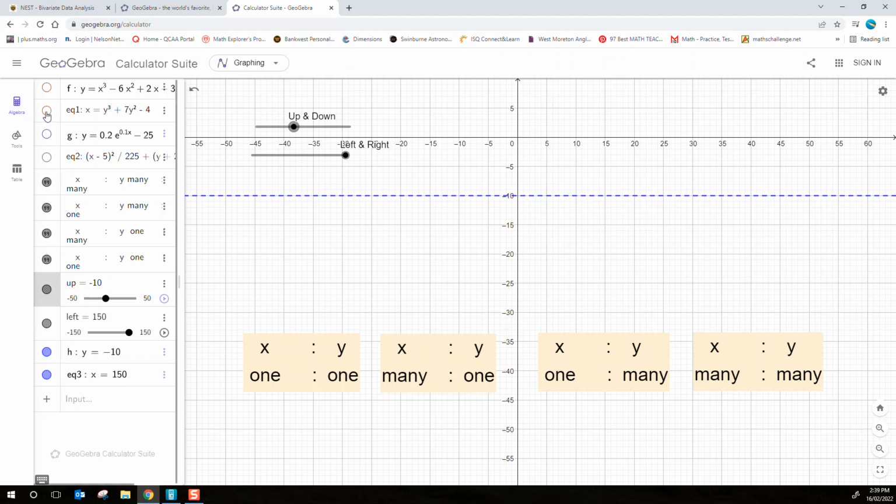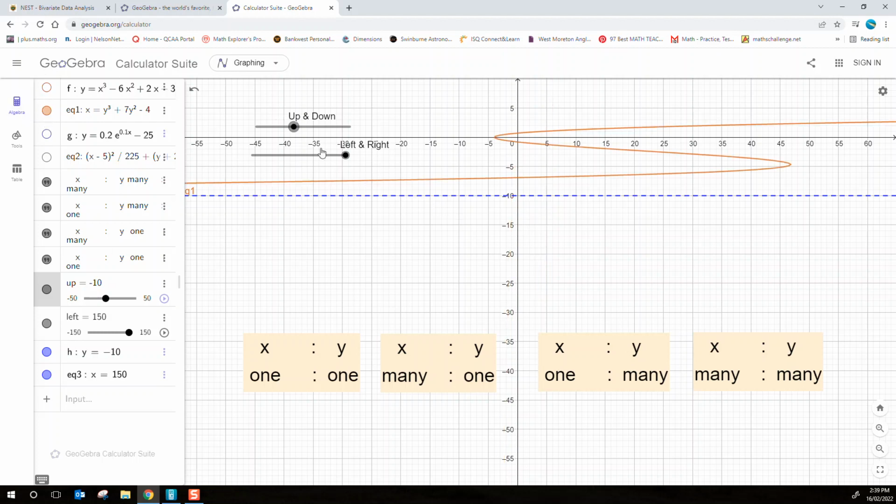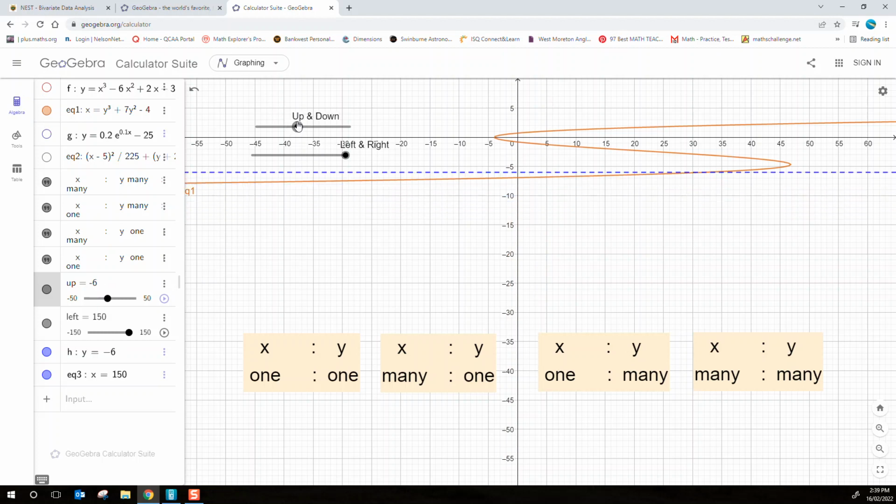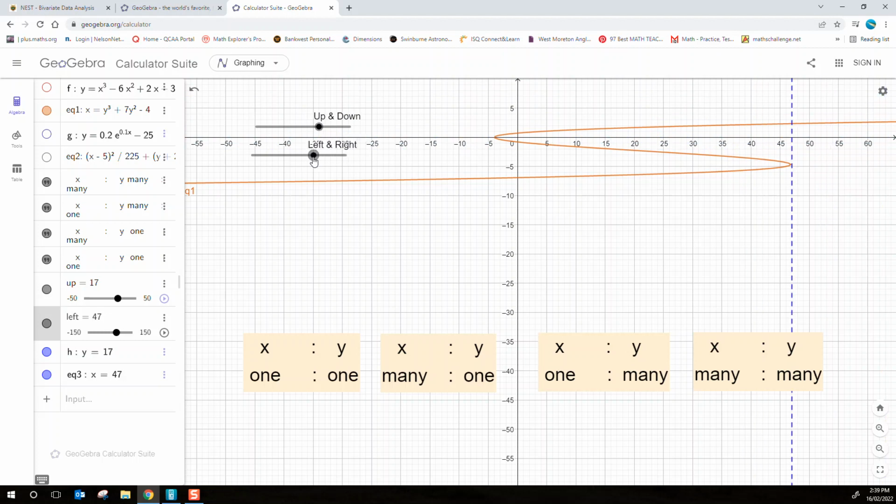Let's try a different one. Here's a different one. Let's move this horizontal line up and down. No matter where I place that dashed horizontal line, it's only intersecting the graph once. This is a 1 for the x's. Now let's look at the vertical line, moving it left to right. Here it comes.